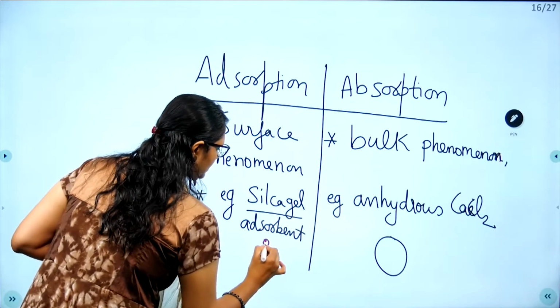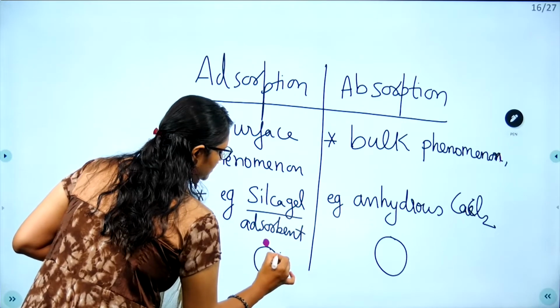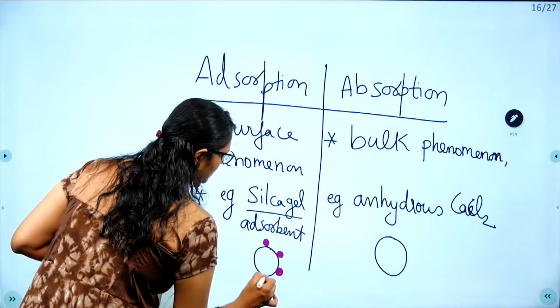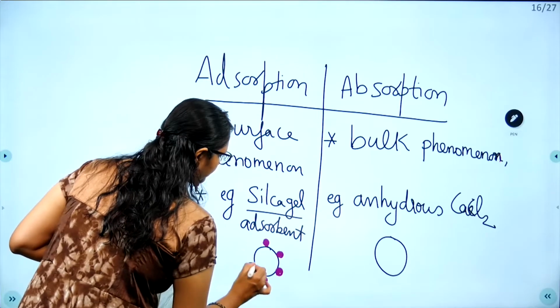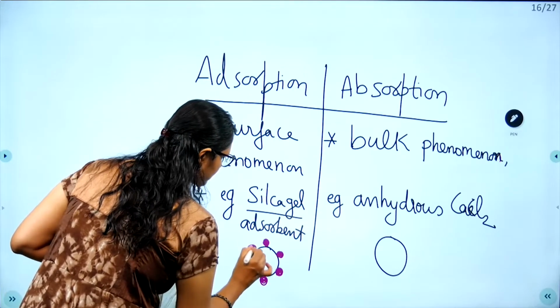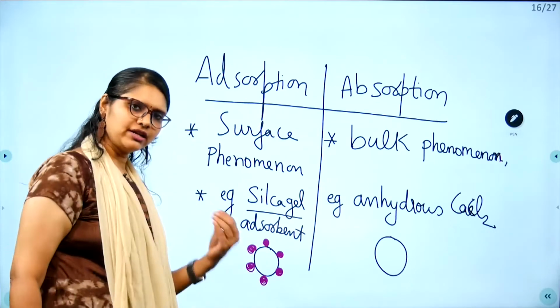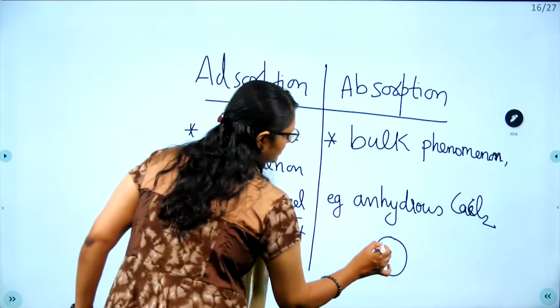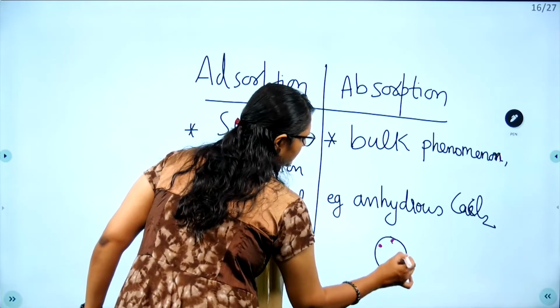On the surface of the adsorbent, the adsorbate will come and sit, or get adsorbed on the surface, as you can see. Whereas here it penetrates inside.